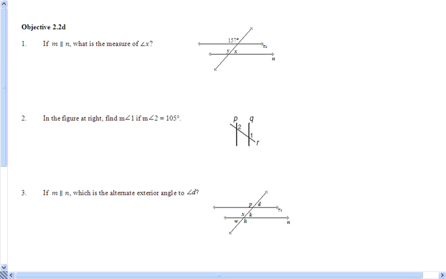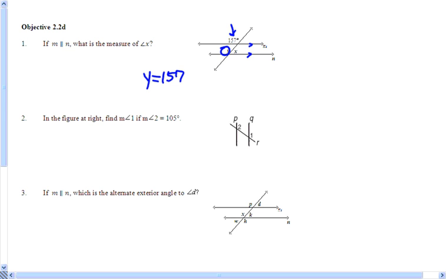All right, so let's do a couple problems here. If M is parallel to N, and we put these little marks to show they're parallel, what is the measure of X? We're given that 157 degrees is this angle. That angle will be the same as this angle Y, so Y is equal to 157 because they're corresponding.